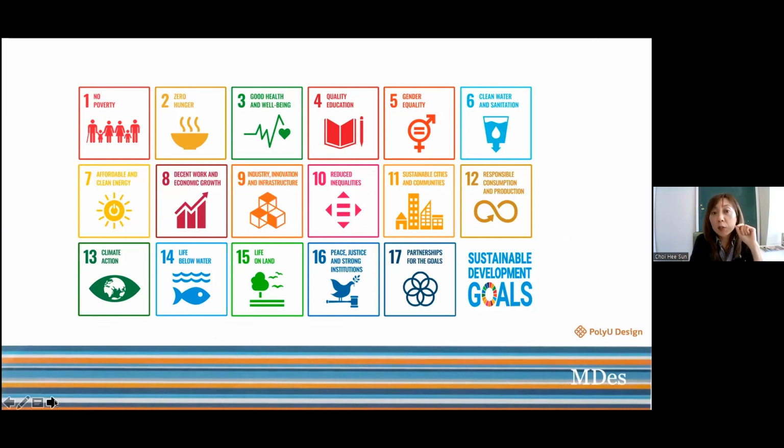These Sustainable Development Goals provide 17 focused, interlinked objectives, which serve as a shared blueprint, the guideline which we are using as a blueprint in our course.